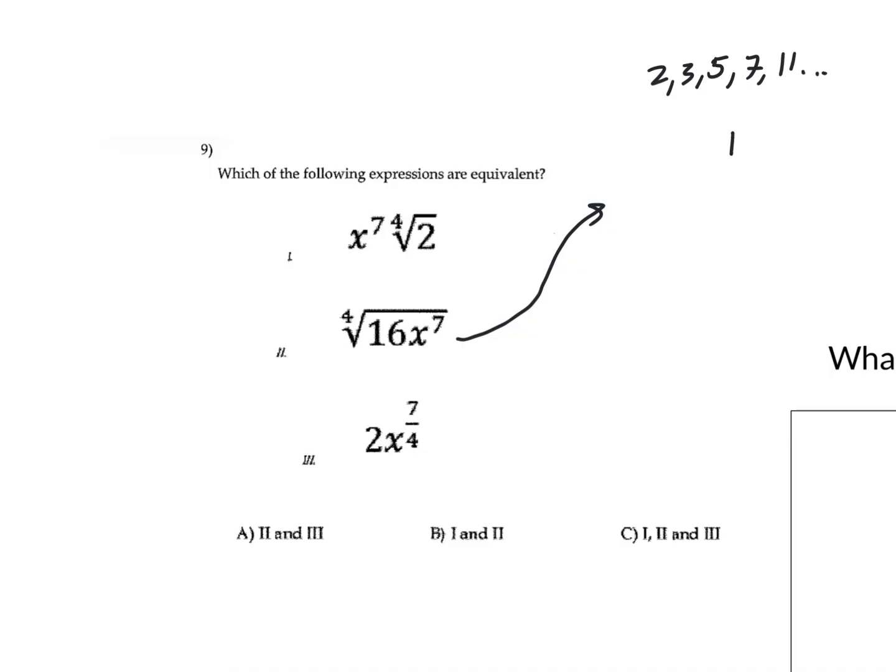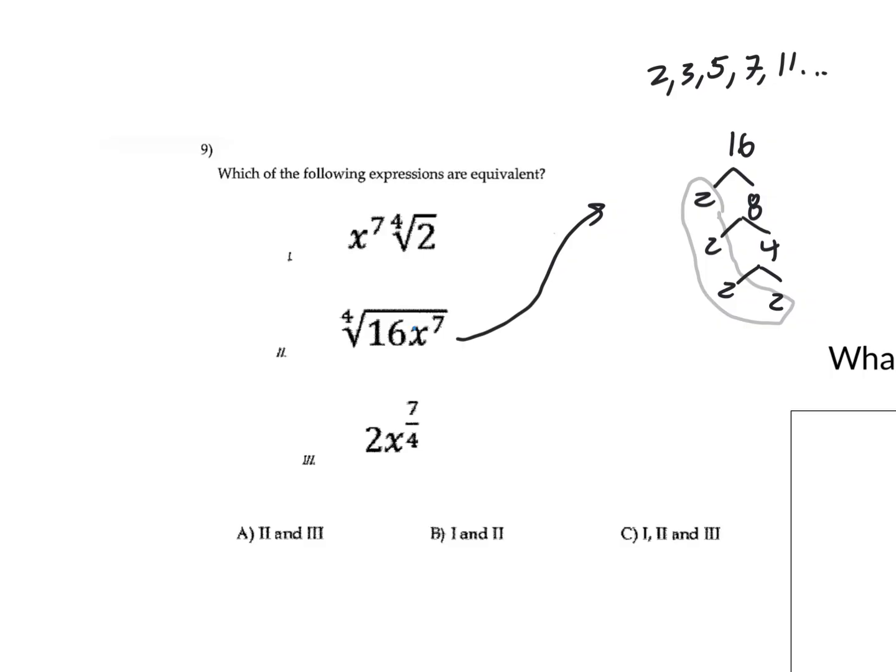So if we were to process 16, does 2 go into 16? Yes. Does 2 go into 8? Yes. Does 2 go into 4? Yes. And then do we have any groups of 4? Yeah, actually, we have this group of 4 right here. So that tells you that one of these is going to get out, right? So we could process that in a moment.